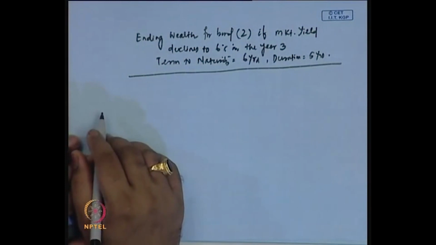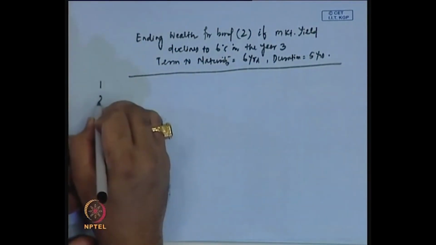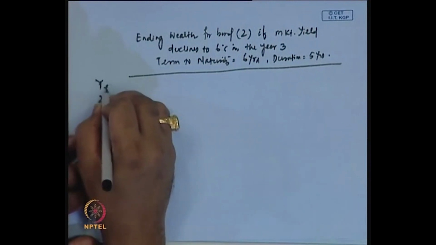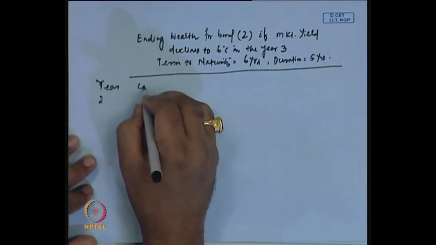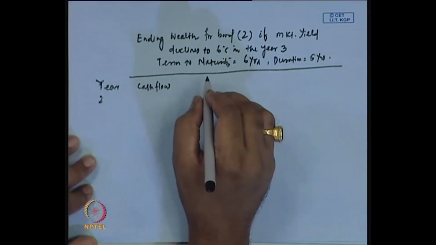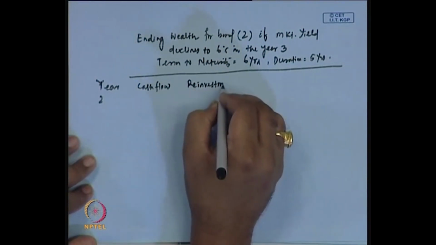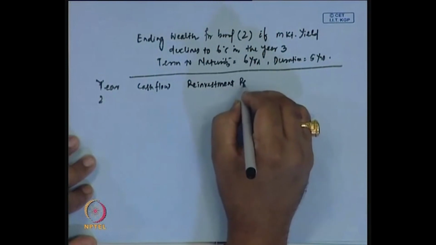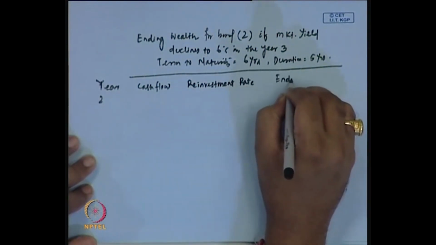Then what will happen in this case? Again we can take this as your year, this is your cash flow, this is your reinvestment rate, this is your ending wealth.